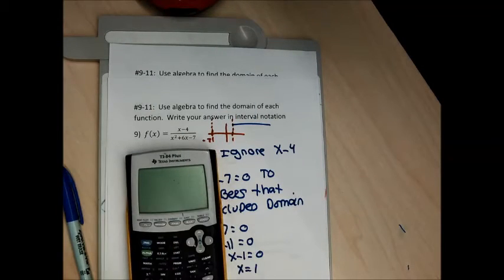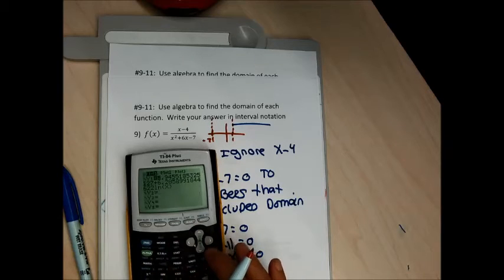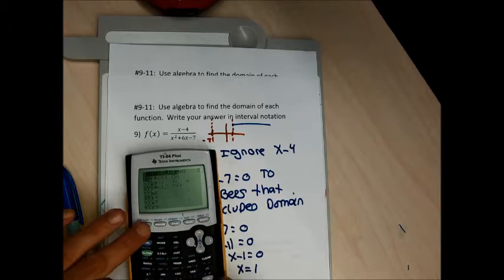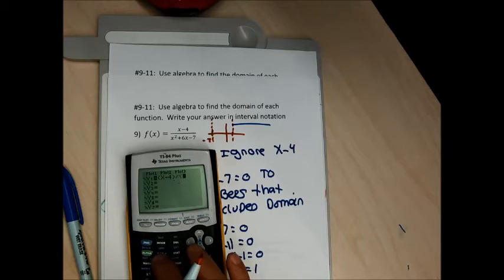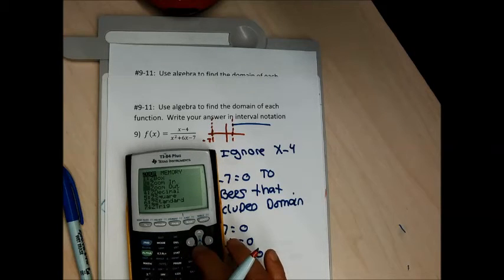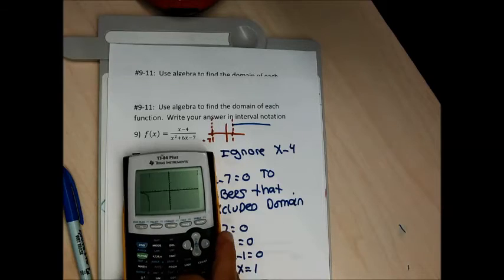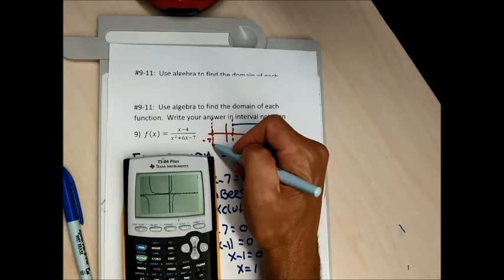Let me just graph it real quickly on my calculator with some horrible window. Need to shut my stat plot off that I was using for my last video. So if I graph the function x minus 4 divided by x squared plus 6x minus 7 and zoom standard it, I'd get a graph that has three pieces.